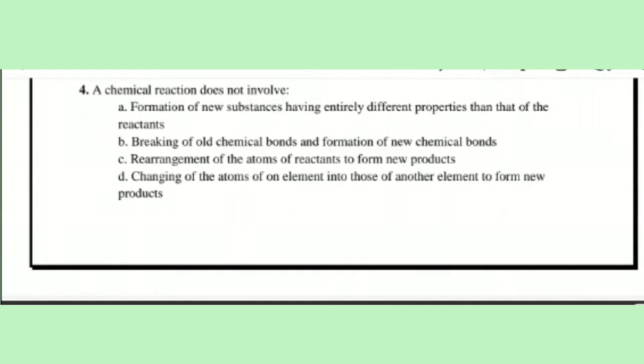We know that a chemical reaction is a change. In the first option, a new substance forms with entirely different properties than that of reactants. That is 100% correct. But the question asks which is not involved, and this is involved.